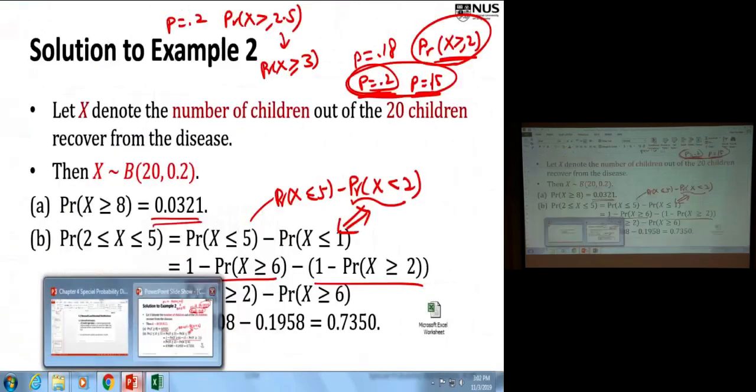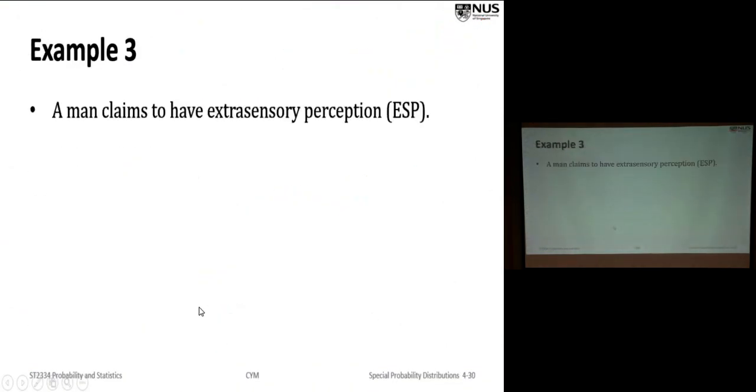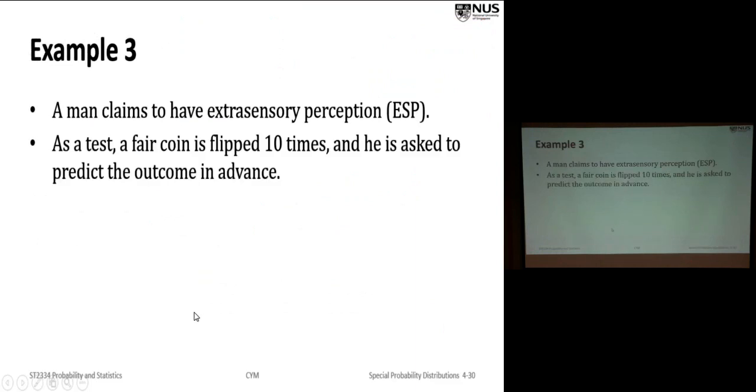All right, let's go back. Here's another example, more or less the same idea. Someone claims he has extrasensory perception. That means they have abilities that ordinary people don't have. So they can guess, correct? Suppose he gets 7 out of 10 correct.